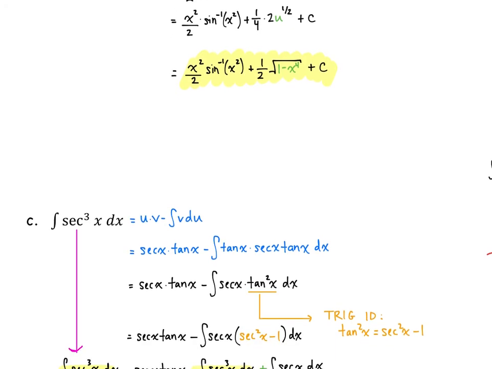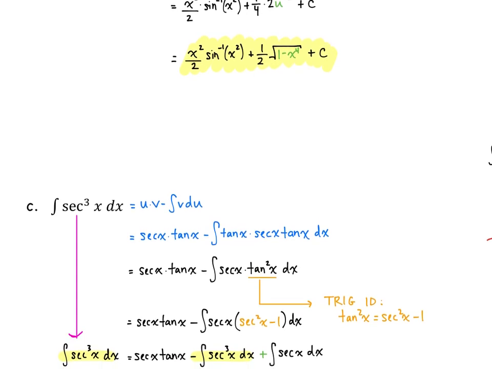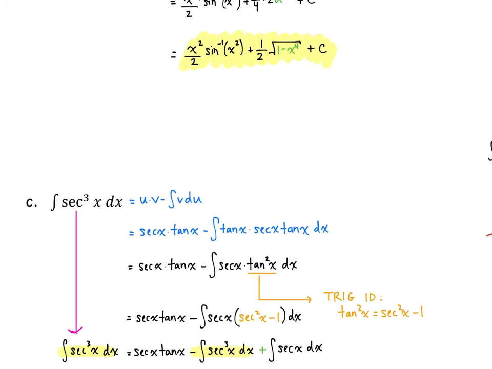Well, going into our trig identity folder, the part of our brain that's back there, you have to unlock that. Our trig identity is tangent squared of x is really secant squared minus 1. So that might help us, all right? Let's see how that does help us. So if we substitute that back in, where does that lead us?